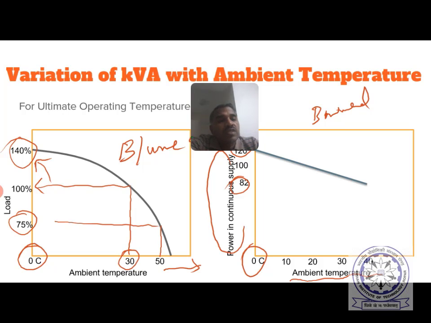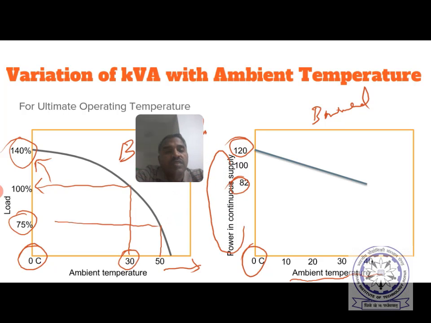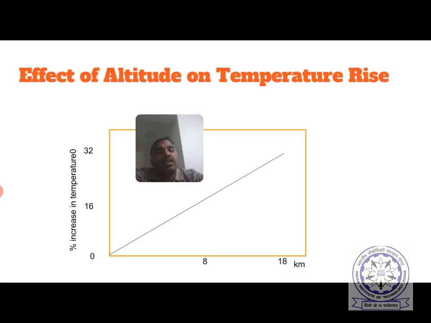One is parabolically decreasing, the other is decreasing like a straight line. But the decreasing trend is correct. As the ambient temperature increases, the load capability, or kVA capability, decreases. So this is also an important characteristic.